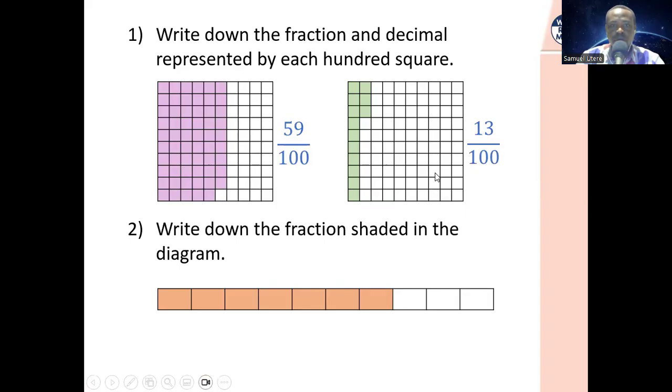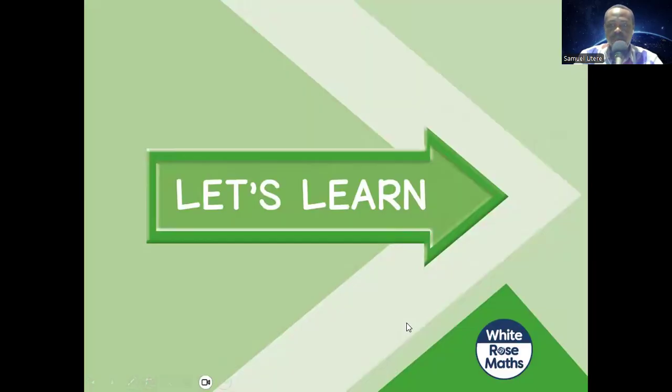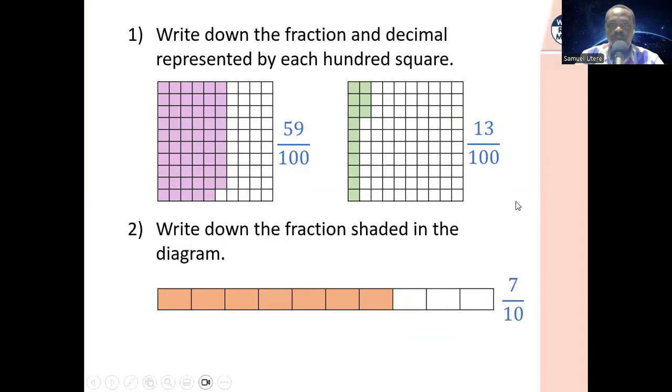In number 2, you were asked to write down the fraction shaded in the diagram. So this bar model shows that there are 10 bars, 7 have been shaded, so this is 7 tenths. Okay, and in decimal form, let's just write the decimal form.